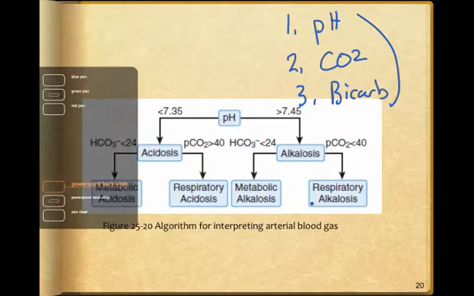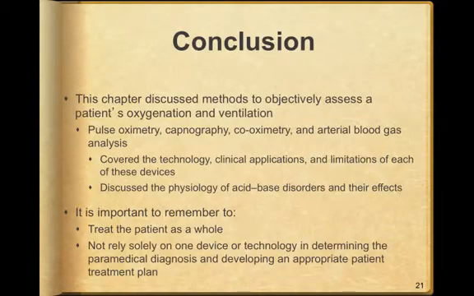So in conclusion, this chapter discussed methods of objectively assessing patients' oxygenation and ventilation: pulse oximetry, capnography, co-oximetry, and arterial blood gas analysis. It covered the technology, clinical applications, and limitations of each of these devices, and discussed the physiology of acid-base disorders and their effects.